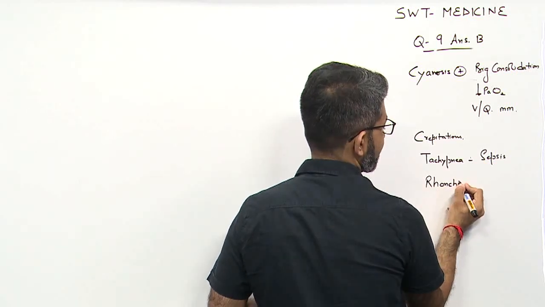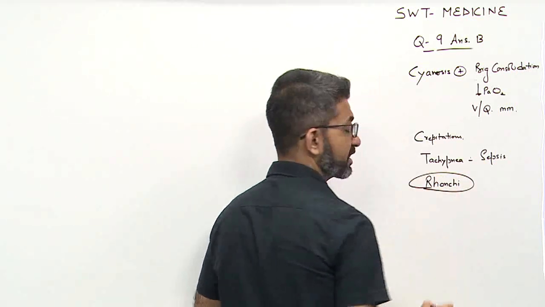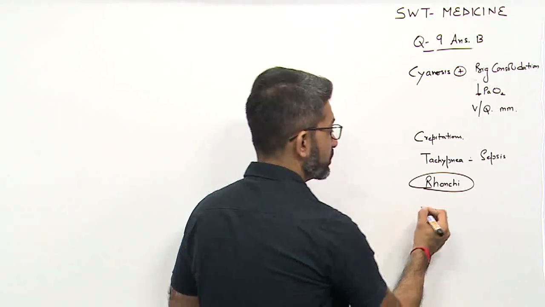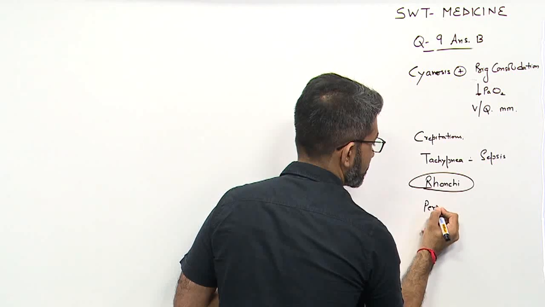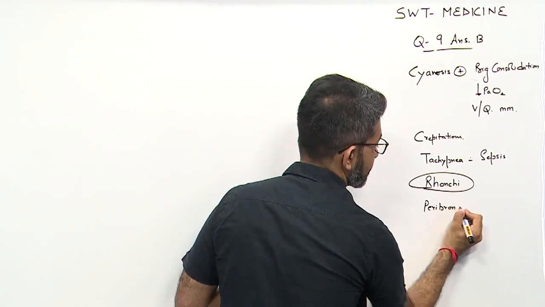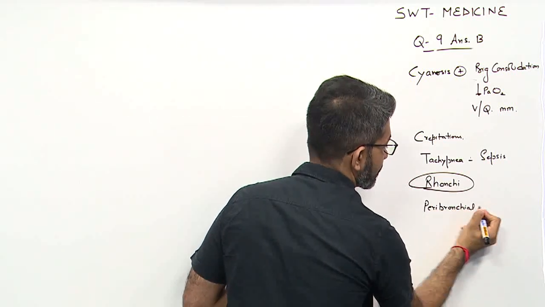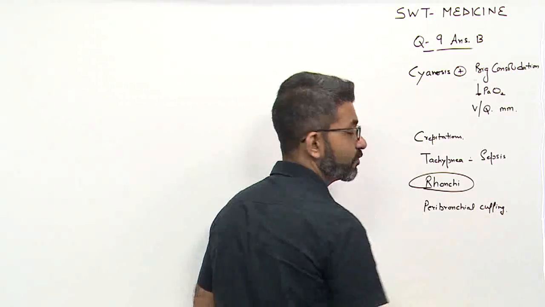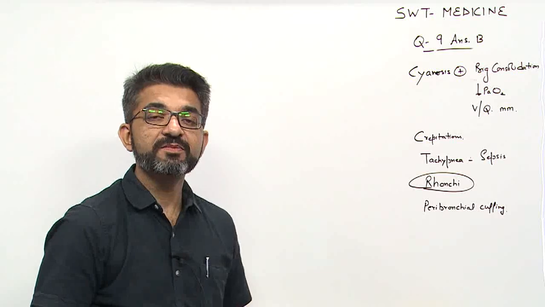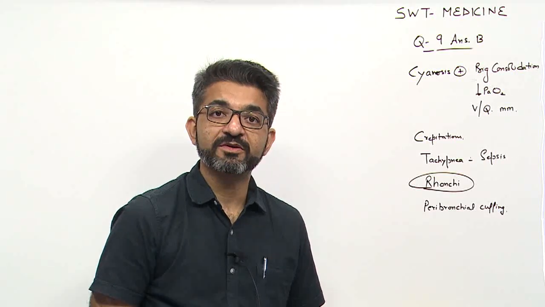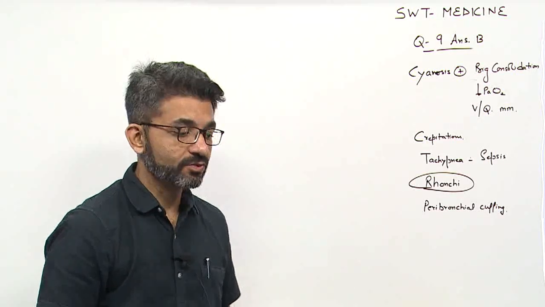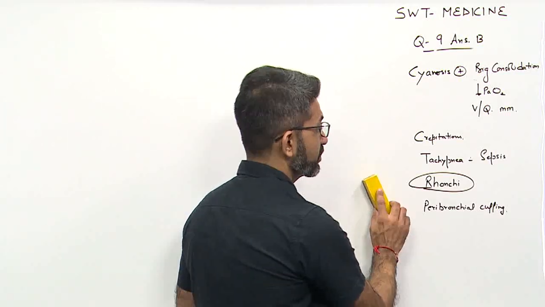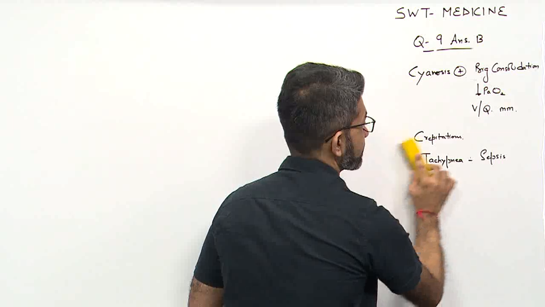One thing I want to highlight, that rhonchi can be present in pulmonary edema too because of peribronchial cuffing by fluid. So, in early pulmonary edema you may find rhonchi, so do not confuse it with bronchospasm because of bronchial asthma.